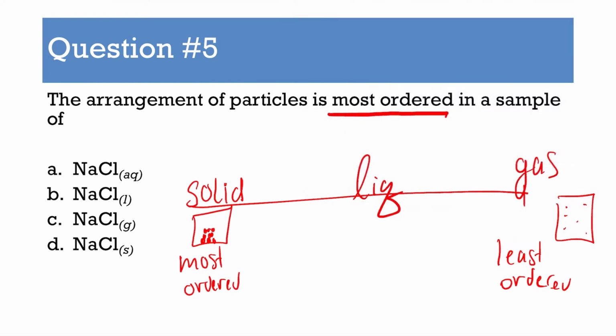And just to recap this again, AQ is aqueous, which means that compound dissolved in water. So if something dissolves in water, it's technically a liquid. L is liquid, G is gas, S is solid, so our answer choice has to be D.